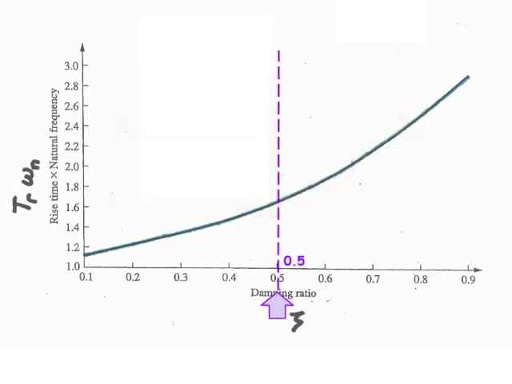Our first step will be to find the damping ratio of 0.5. Looking for where this intersects the curve, we'll find that it corresponds to a rise time times natural frequency of 1.65.